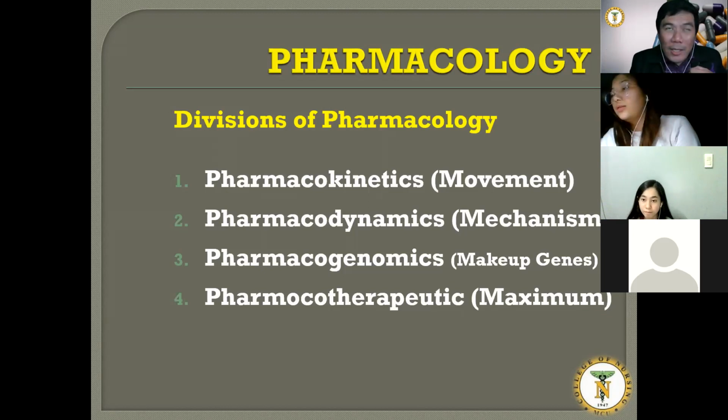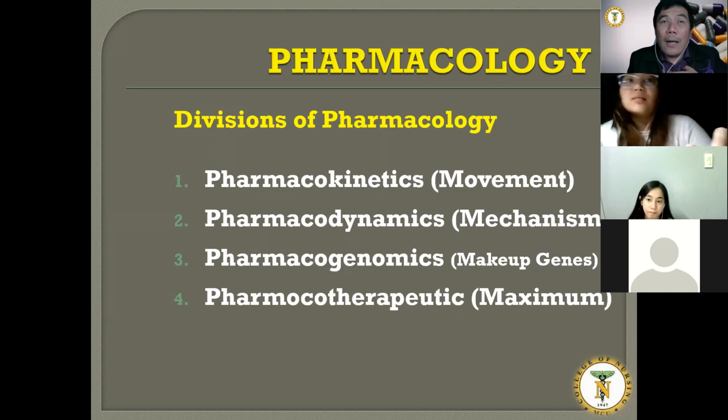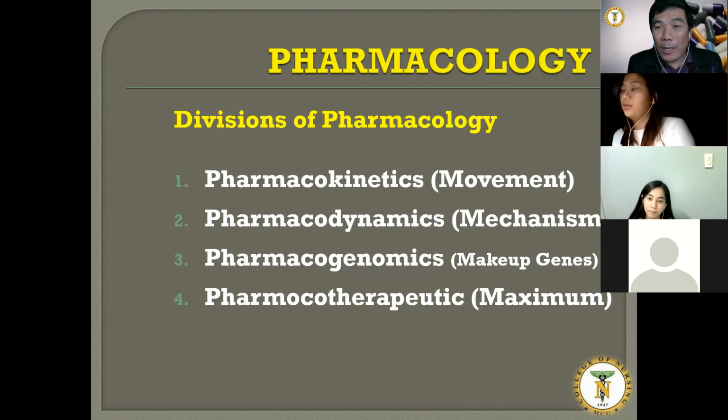When the drug already reaches the respiratory system and its indicated action is to relax the bronchial smooth muscle to alleviate difficulty of breathing, that's already pharmacotherapeutic. When the patient is experiencing fever and the temperature improves already, that's already pharmacotherapeutic.